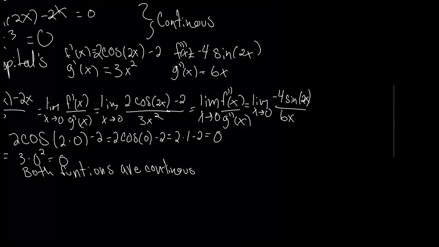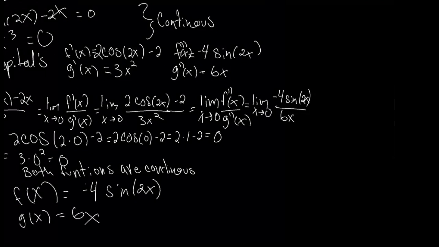But before we can do that, we have to think back that we're acting as if we were writing the FRQ, so we have to demonstrate that this is still, in fact, indeterminate. We'll separate this limit into two parts, our numerator f of x, which is negative 4 sine of 2x, and g of x, which is 6x.